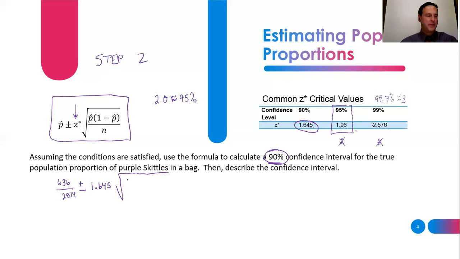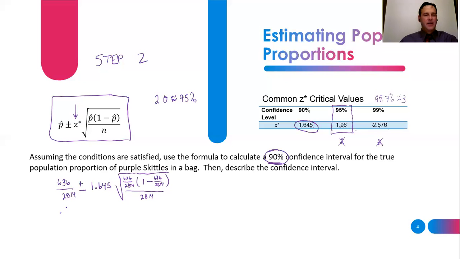So I'm going to put this in as it should be: our p hat, 636 over 2814, times 1 minus 636 over 2814. And remember that this fraction is still underneath the root bar.